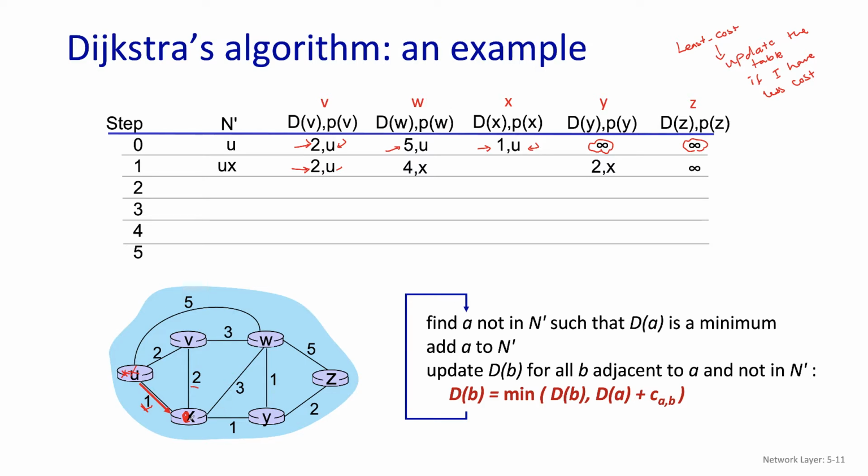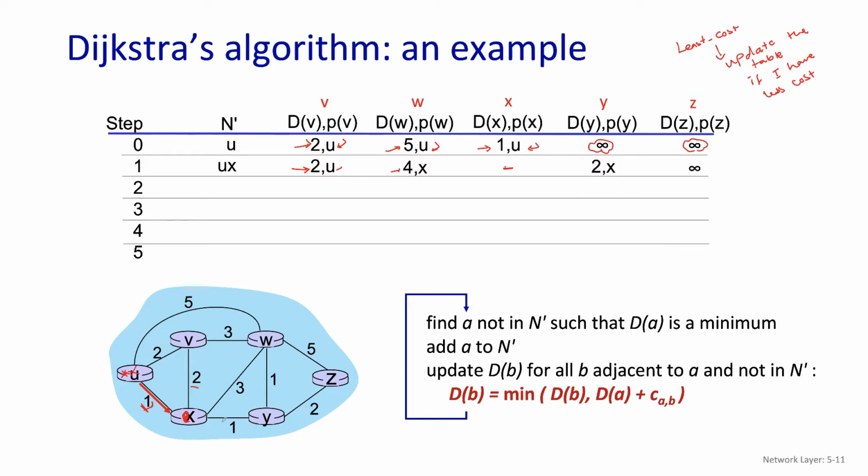Now, from X, I can go to W, right? So the cost here is going to be 1 plus 3, which is 4. Before, we had from U to W the cost of 5, right? And as you can see, now we have another path to W with less cost. Therefore, we are going to update it, which is going to be 4. Since I'm at X, I don't need to write anything down because it's already explored, right?